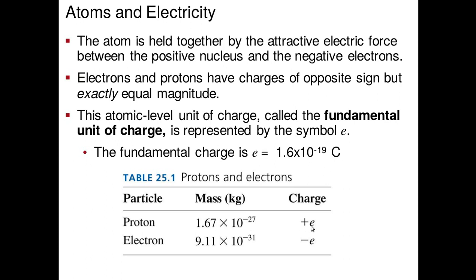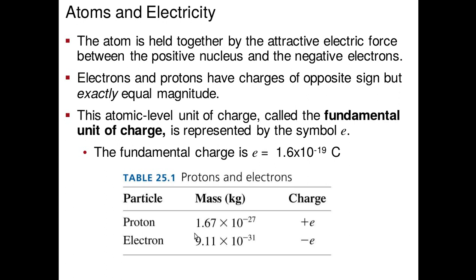So a proton and an electron have the same magnitude of charge, and the signs are opposite. The proton is much more massive than the electron. The proton is 1.67 times 10 to the negative 27 kilograms. In chem class you probably use more convenient units to describe the mass of these particles.